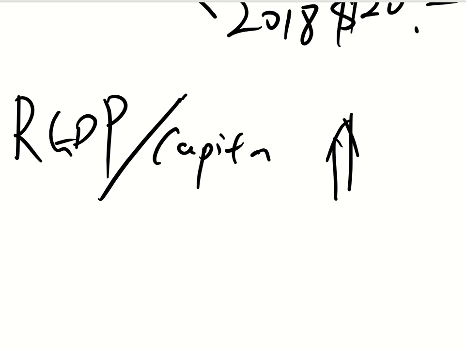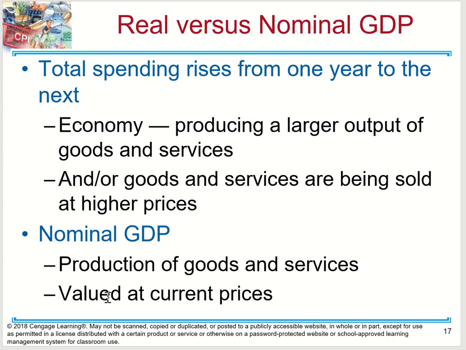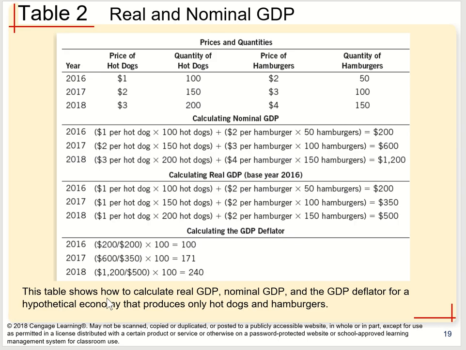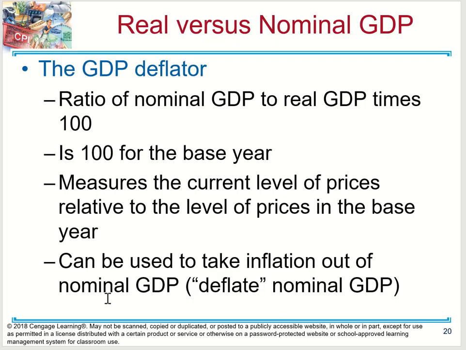Okay, so definitions: nominal GDP is measured in the current year prices, and real GDP is measured in the base year price, so the price will never change. The only thing that changes is your quantities. All right, we're going to come back to this one later. I will show you a couple more slides before I go back to this one.